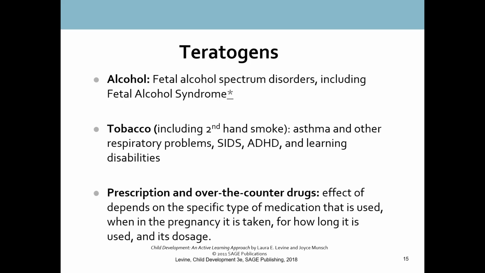Fetal alcohol syndrome is the name of the most serious of these. Just like when we talk about autism, something like Asperger's is a more mild form of autism, fetal alcohol syndrome is the more severe form of the spectrum.